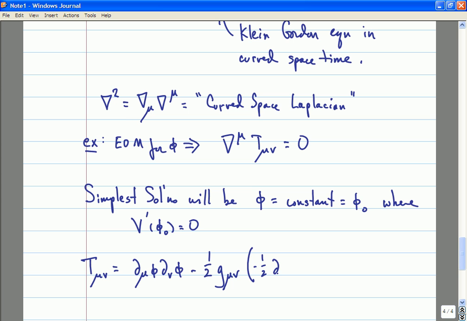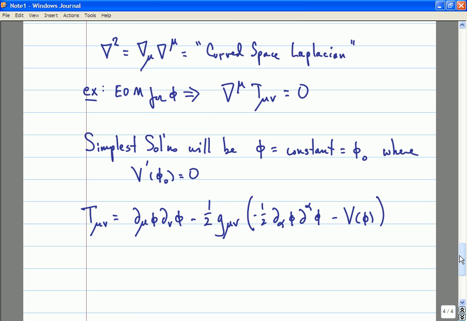Here, I don't want to write down too many mu indices, so we'll call that d alpha phi d alpha phi, along with the potential term. And so you can see that in the case where phi is equal to a constant, all of those derivatives disappear, and we just have minus 1/2 g mu nu V of phi naught.